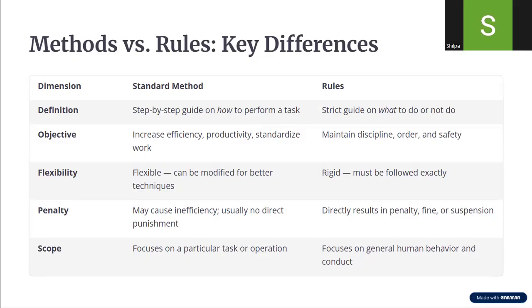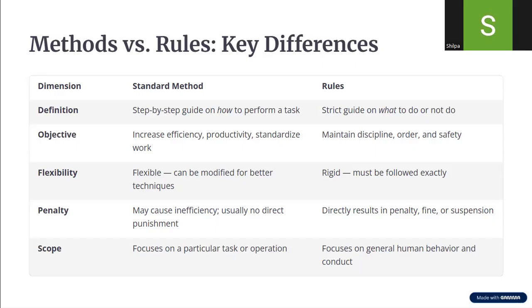The steps to be taken in order to upload the assignment on Google Classroom are part of the standard method. कि आप कैसे असाइनमेंट को स्कैन करोगे, सेव करोगे, आपका रोल नंबर, उसका फाइल नेम जो होगा उसमें आपका रोल नंबर होगा, और फिर आप उसको अपलोड करोगे. ये है स्टैंडर्ड मेथड्स. रूल्स क्या है? जब आपकी टीचर आपको इन्फॉर्म करते हैं कि ये अपलोड करने के लिए आपको दूसरे दिन 5 बजे तक का टाइम दिया है, तो 5 PM से पहले आपको वो असाइनमेंट अपलोड करना है. सो दैट 5 PM वाला जो restriction है, that will be called a rule.